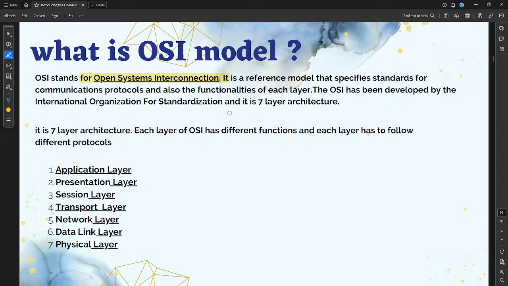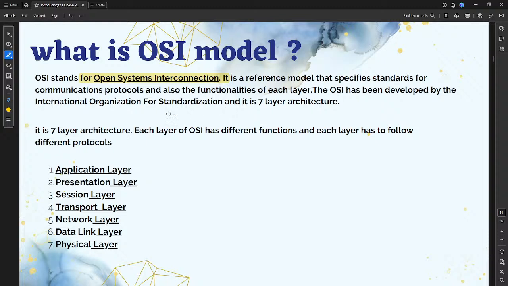Now, like I said, the OSI has been developed by the International Organization for Standardization, and it has a 7-layer architecture. Today we see instances where we have different access points or different routers, and of course, different systems. And how are we able to intercommunicate, or establish interconnectivity between these systems, is because of this model.